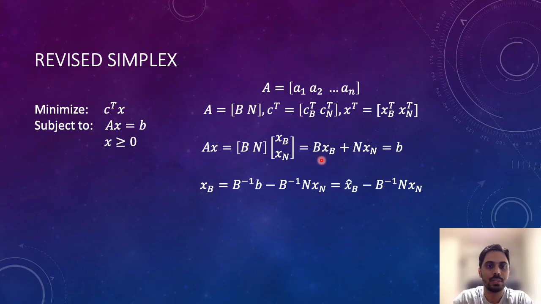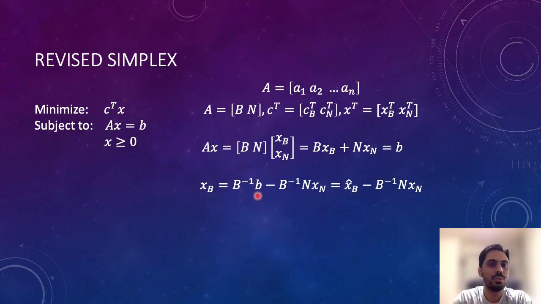It will give us B inverse b minus B inverse N times XN. We often use a shorthand notation for this term, B inverse b, as X hat B. Why? Because we know that our non-basic variables take values of 0. So this entire term will vanish and XB will take this value X hat B, which is B inverse b.